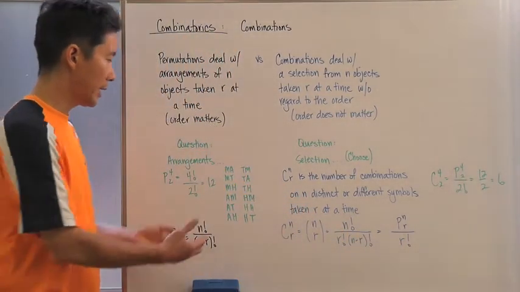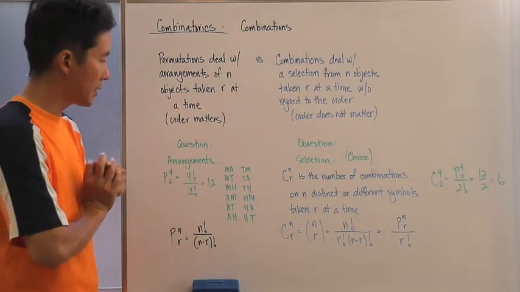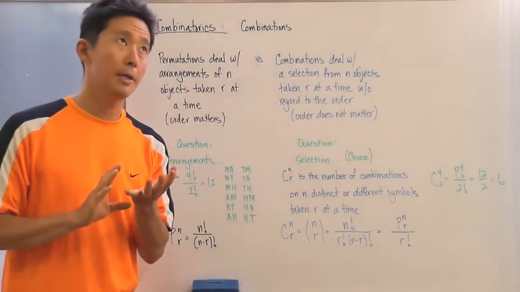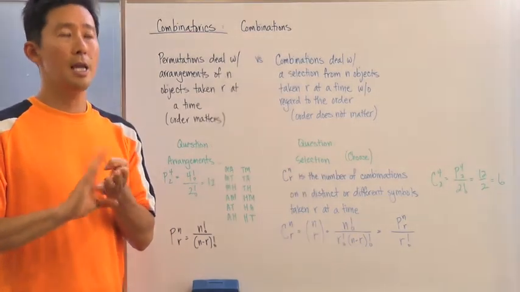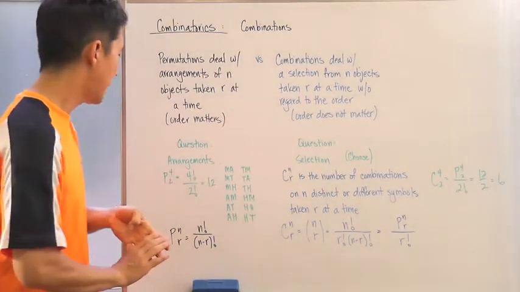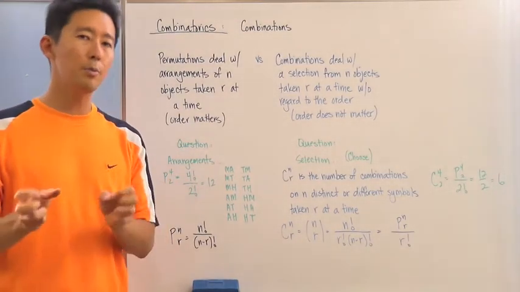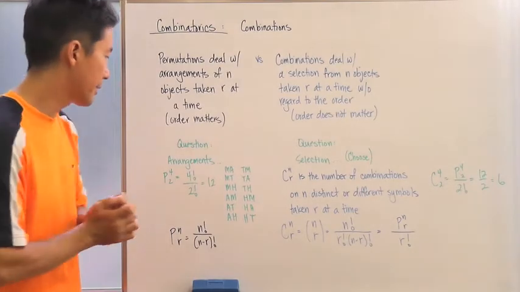Now let's go back to permutations first. Let's take a look at our math example. Remember we had the letters M, A, T, and H, 4 letters. And let's say that we're going to choose 2 of those letters and look for the total number of permutations that we can come out with.